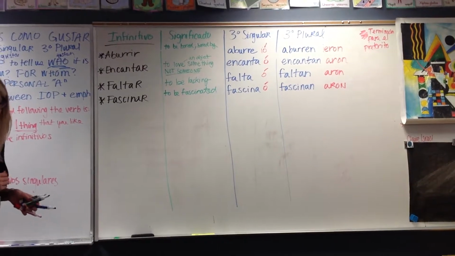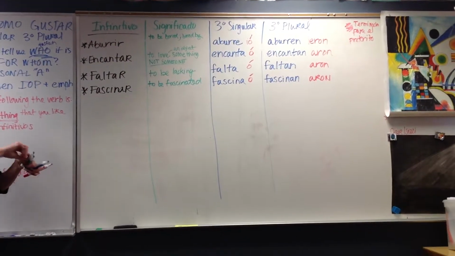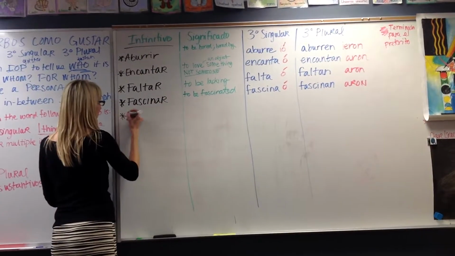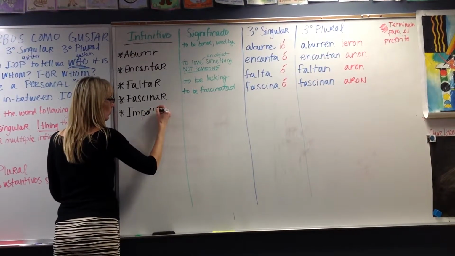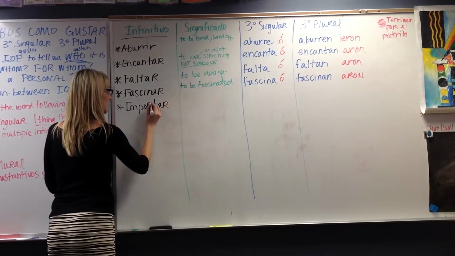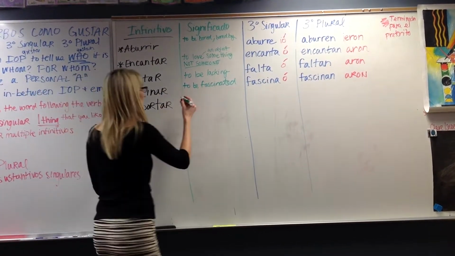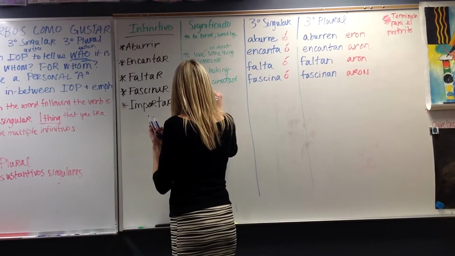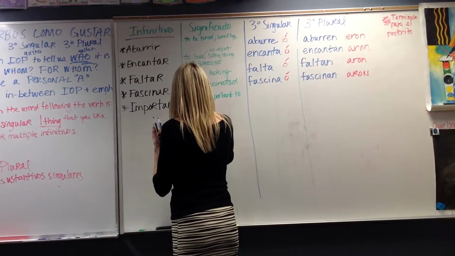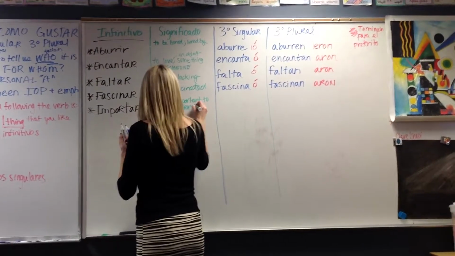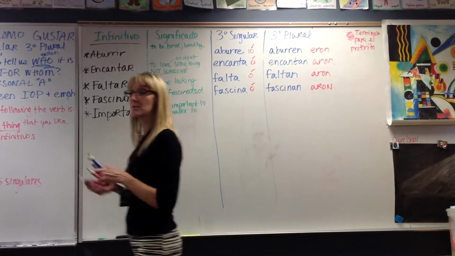So, ¿cómo se dice to be important to or to matter to somebody? Importar. Whoa, I got a little carried away. Importar. And it means to be important to or to matter to, right? ¿Cómo se dice to be interested by?